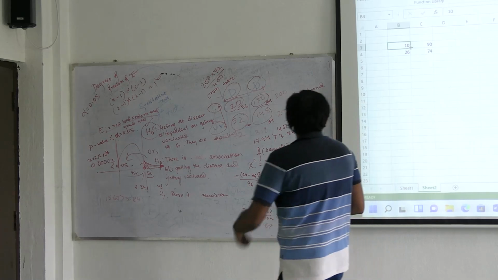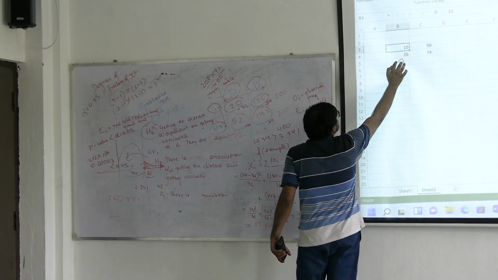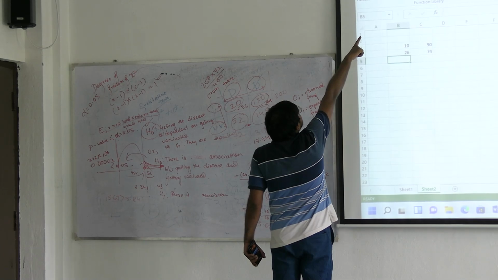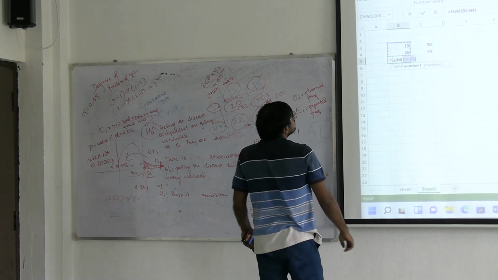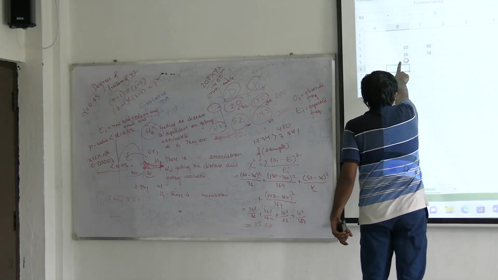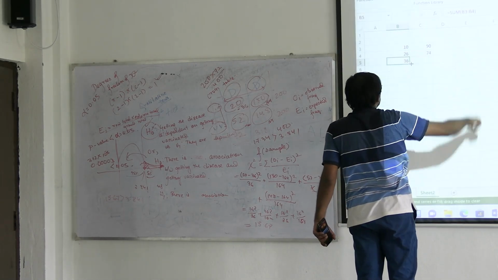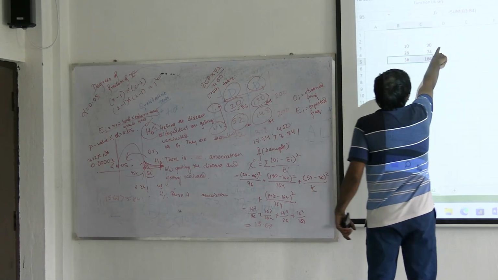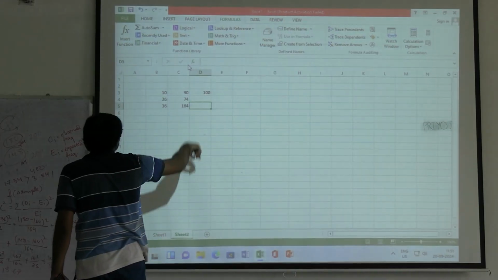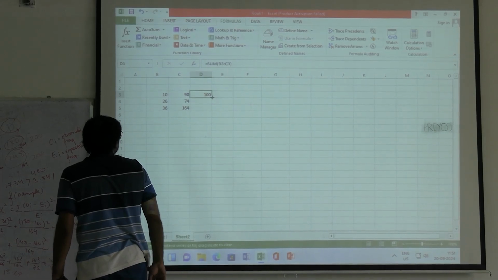Do the total. Come here. Auto sum. Enter. Just drag this. Click on this. Go here. Drag. Done. Do the same here. Go for sum. Enter. Drag all the way.